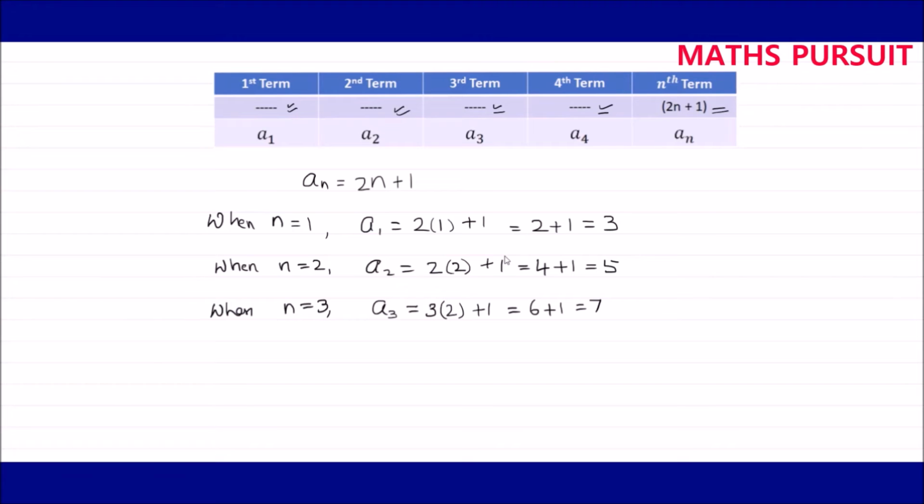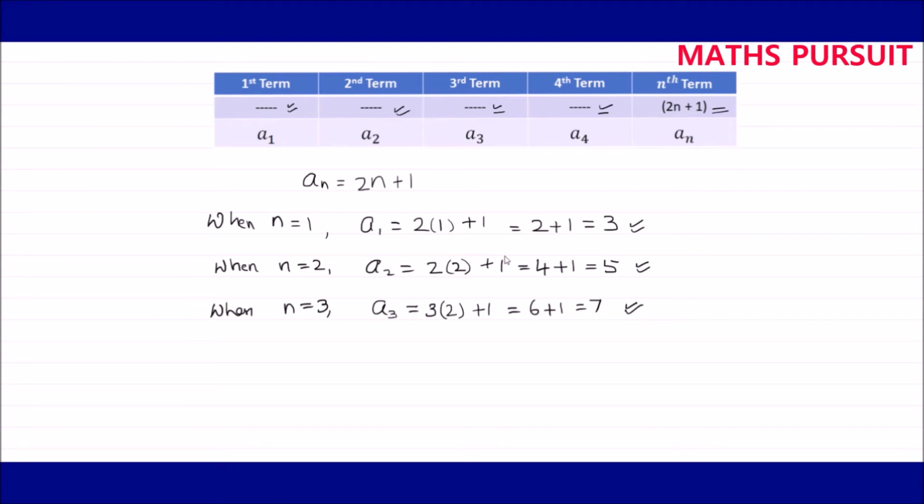Let's see what we will use from this and move ahead. So guys, you could notice that we got A1 as 3, A2 as 5, and A3 as 7. And what we need to find?